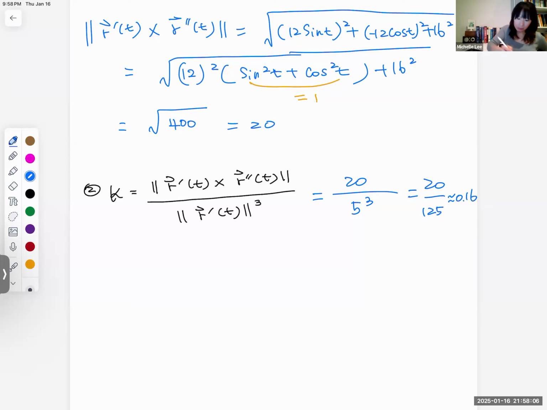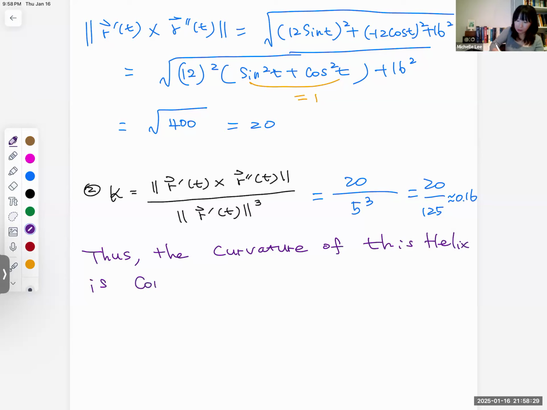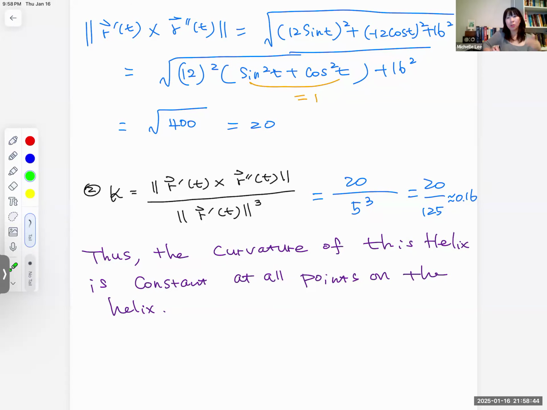Okay, so this one is the helix, right? So we talked about it before. Conclusion: the curvature of this helix is a constant. We get a number, right? So it's constant at all points on the helix, because we did not substitute a value of t, we just get a number.